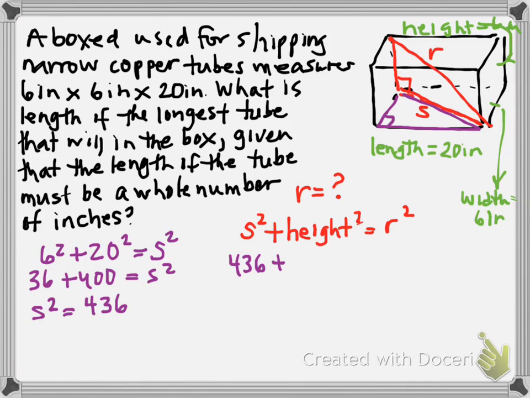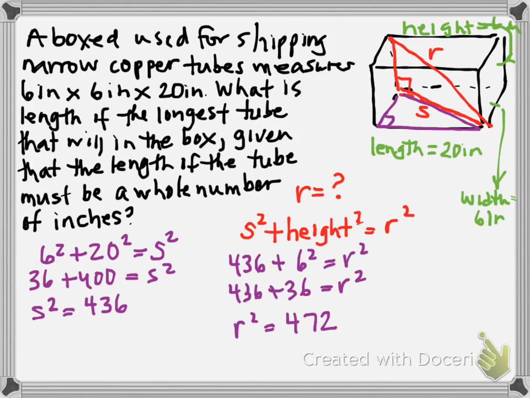And the height is going to be 6. We're going to square that. And that equals r squared. So that gives me 436 plus 36 equals r squared. So when we add 36 and 436, we get 472.